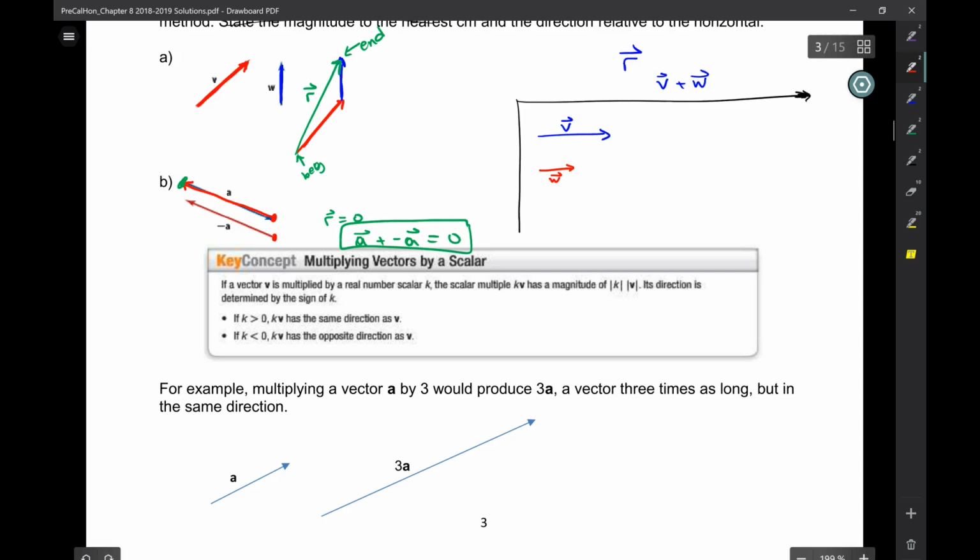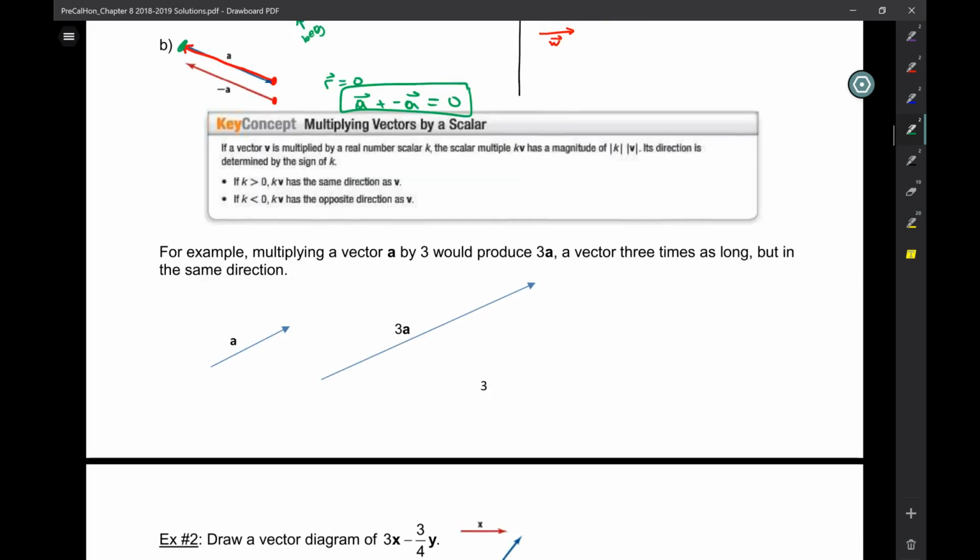Now, I'm going to put the initial point of V at the terminal point of W. So I'm just going to continue and point that way. And now the resultant goes from the very beginning to the very end. So that is the resultant.